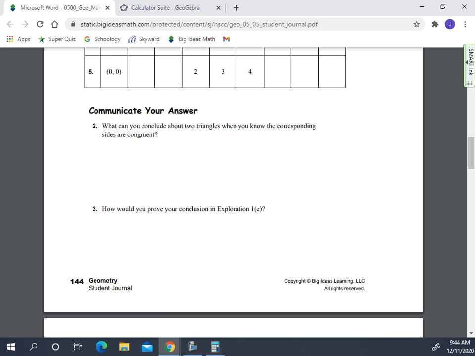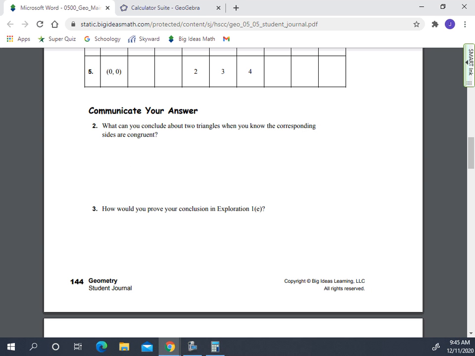So number two, what can you conclude about two triangles when you know the corresponding sides are congruent? All angles are congruent. Okay.